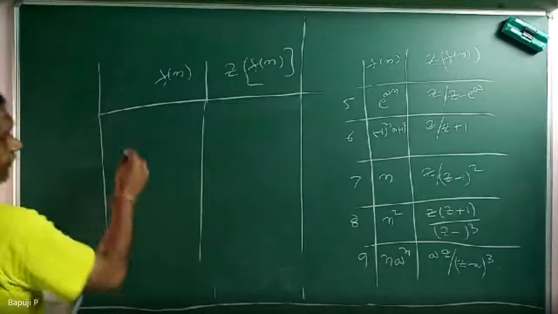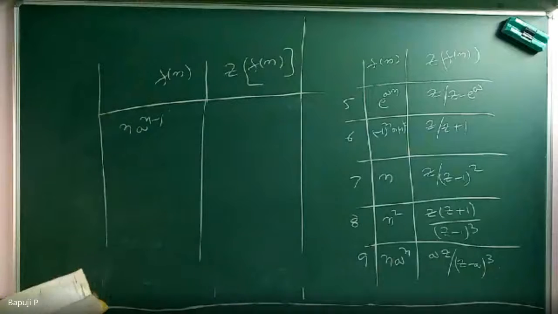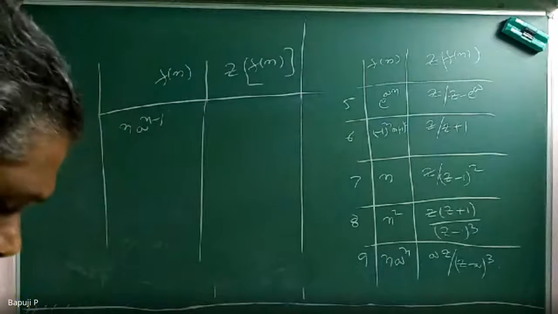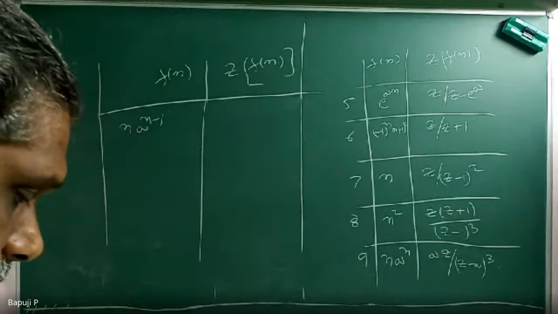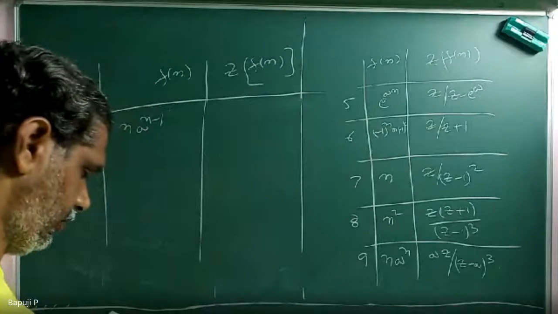Then N a to the power of N minus 1 or K a to the power of K minus 1. Just you can write. This is how they will write actually. Z by Z minus A whole square.